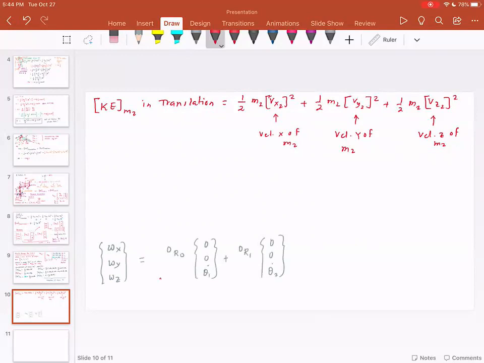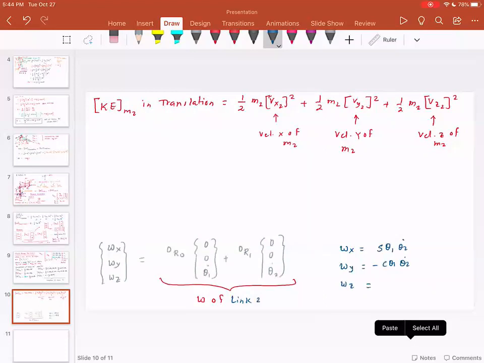That will be omega of link 2, and that expression we already derived: omega x is sine theta 1 theta 2 dot, omega y is minus cosine theta 1 theta 2 dot, and omega z is theta 1 dot. This is for link 2.